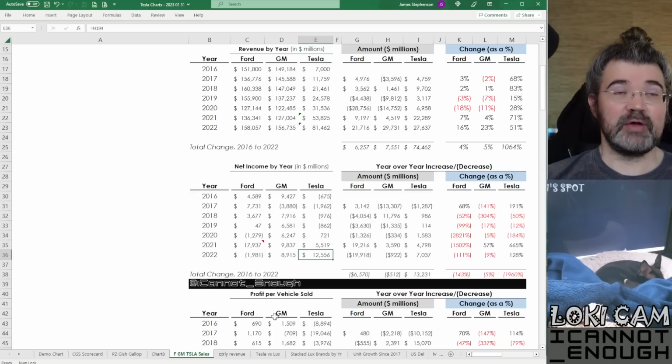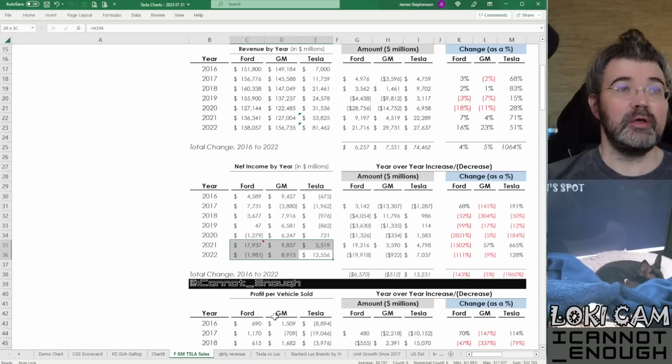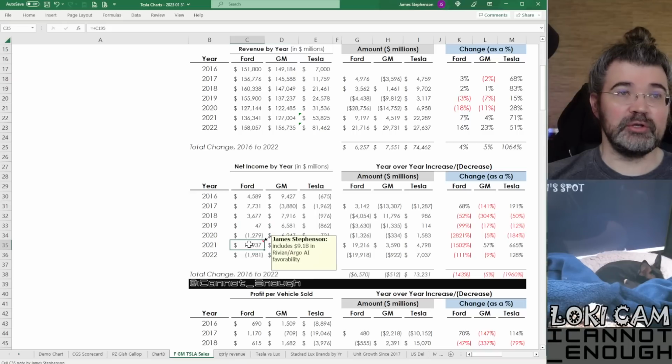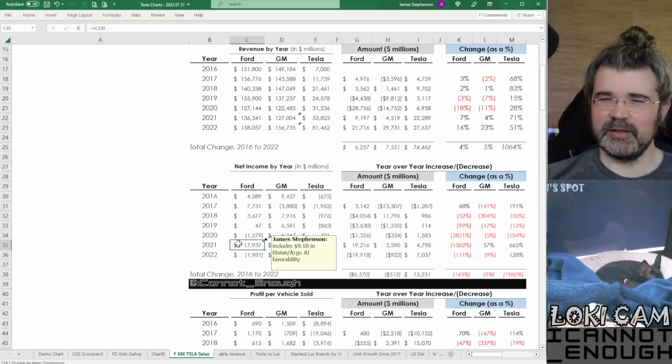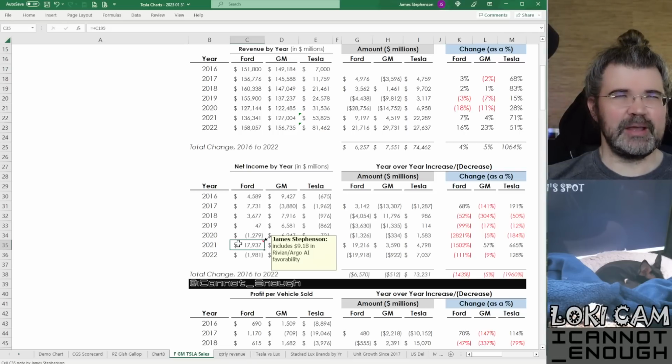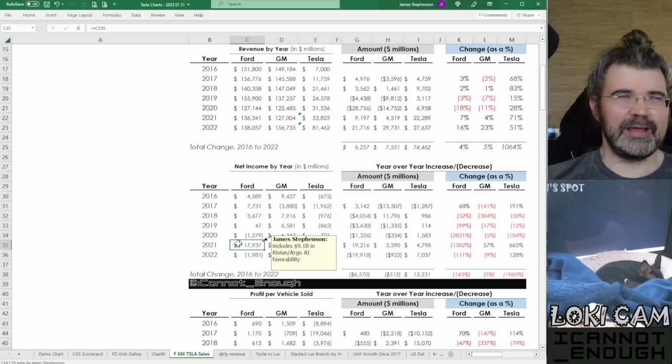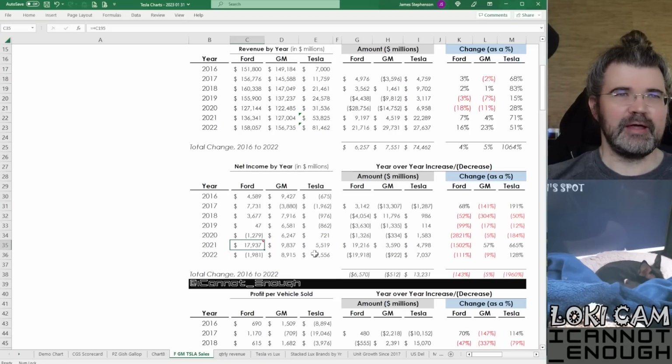And then 12.5 billion in 2022, the most on the page, unless you count Ford in 2021. Why wouldn't you count them? Because 9.1 billion of their 17.9 billion was related to the IPO of Rivian and a gain on Argo AI, or the net of those two things was 9.1 billion that year.